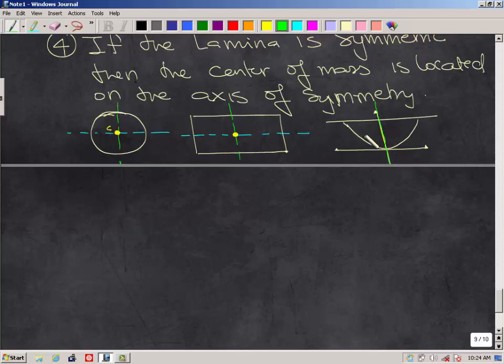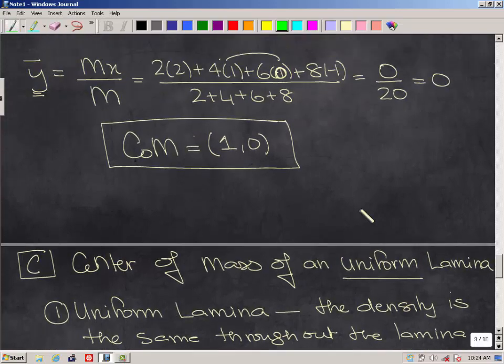What we have on the right, we have on the left, but there's no axis of symmetry horizontally. We only have vertical symmetry here. Remember, we're talking about the center of mass of two-dimensional objects, so we'll have two values for the center of mass, the x and the y value.